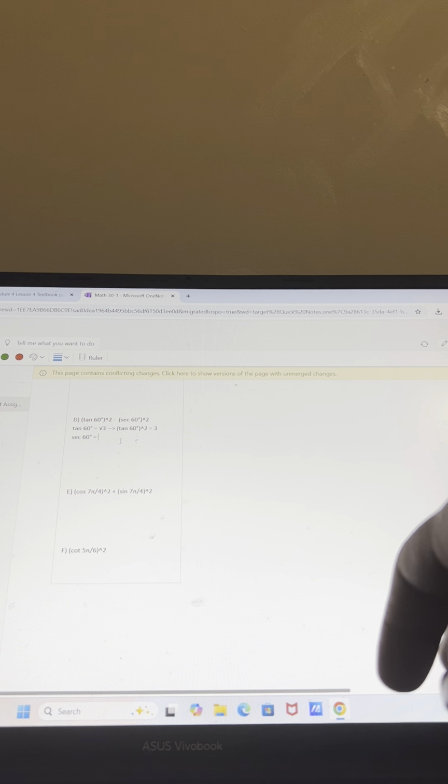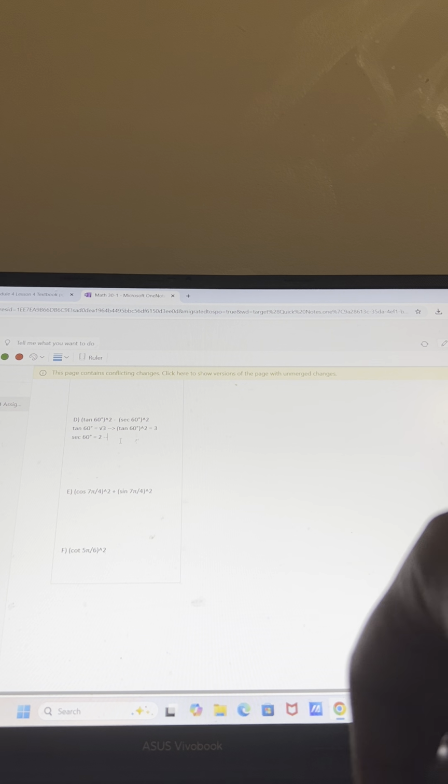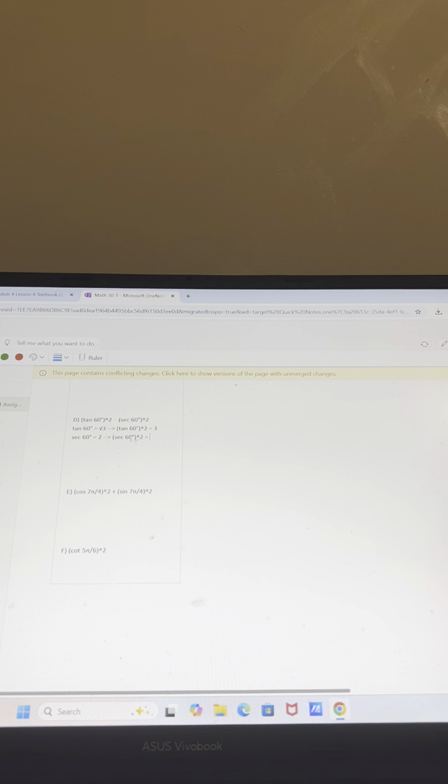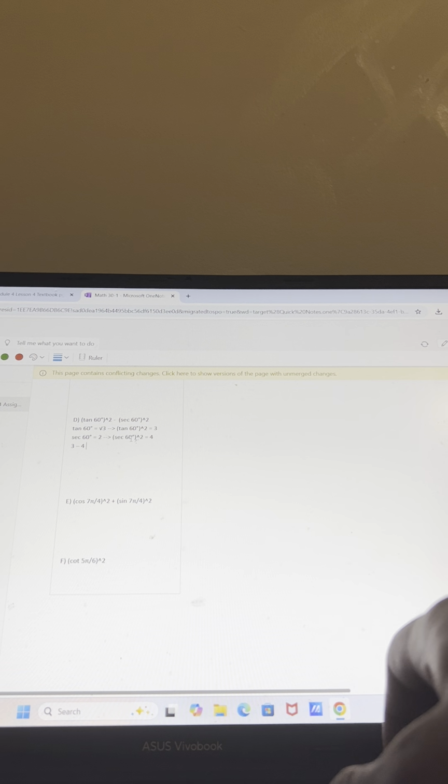Secant of 60 is going to be equal to 2, and this means that this term is going to be equal to 4, and 3 minus 4 is going to equal -1. So our answer is going to be -1, and that's it for D.